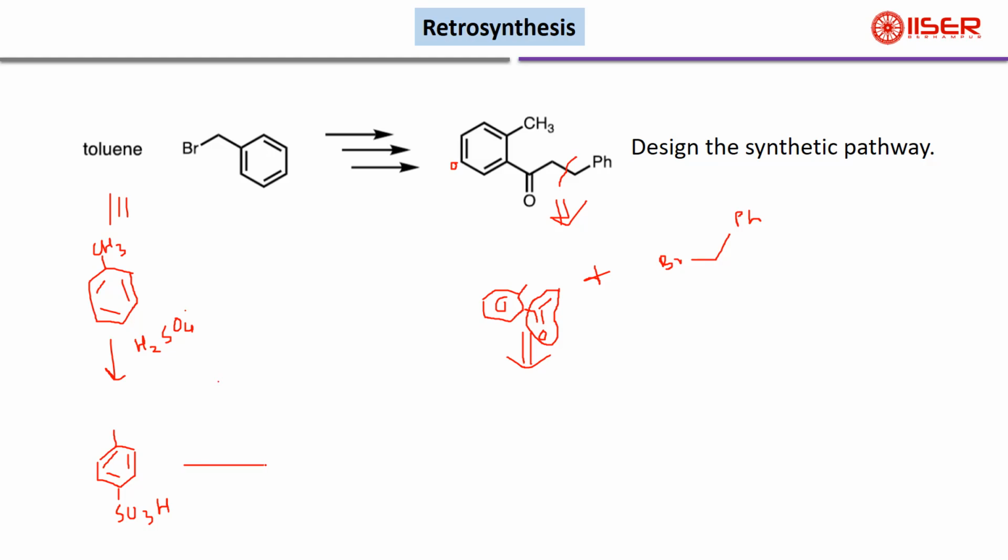In the next step, if we add this acetyl chloride, then there is no such option other than the ortho position. We know why we use acetyl chloride and aluminum chloride: just to enhance the electrophilicity of this compound. This chlorine has a lone pair, so it will donate it to this Lewis acid, that is aluminum.